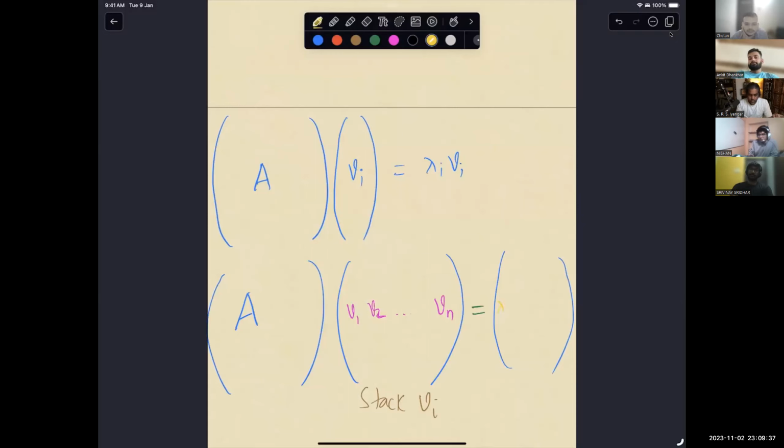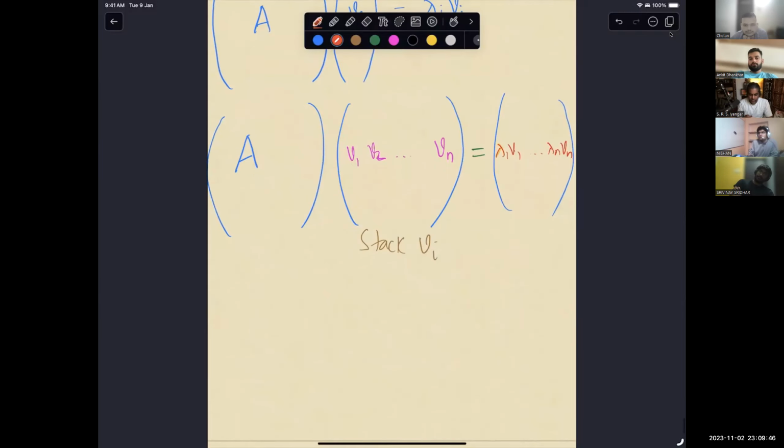Scaled by some factor, scaled, right? Yes. Lambda 1 V1, up to lambda n Vn. Now a small manipulation, basic observation, that you observe that this A times V1 up to Vn.